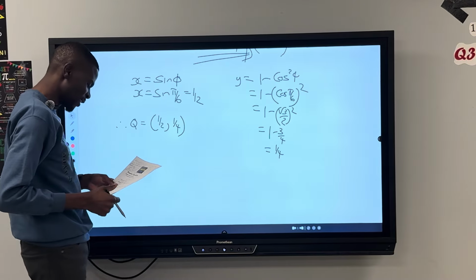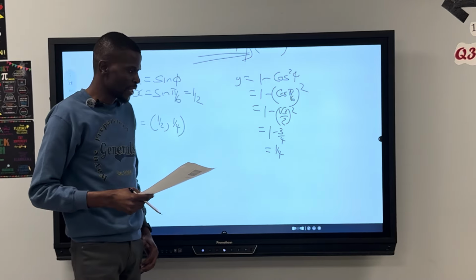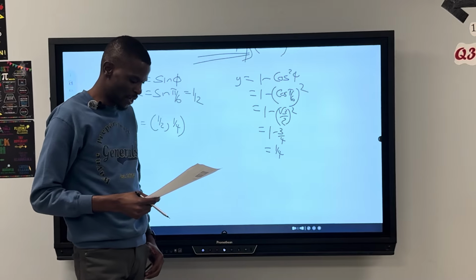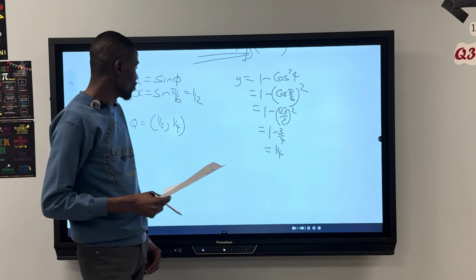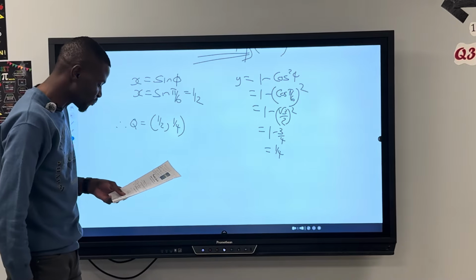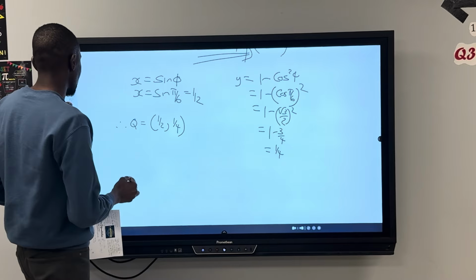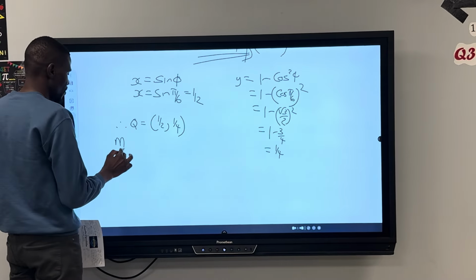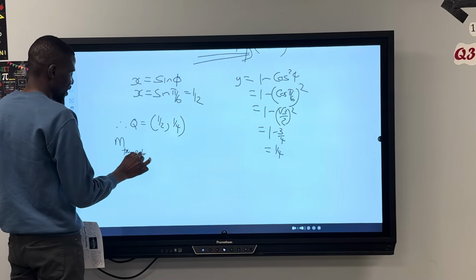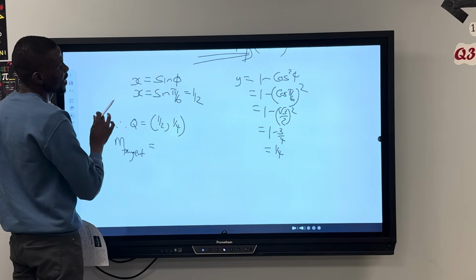So, right, our Q is equal to 1 over 2 and 1 over 4. So we need to find the equation of the tangent and the equation of the normal at the point Q. So what it means is that we need the gradient of the tangent.